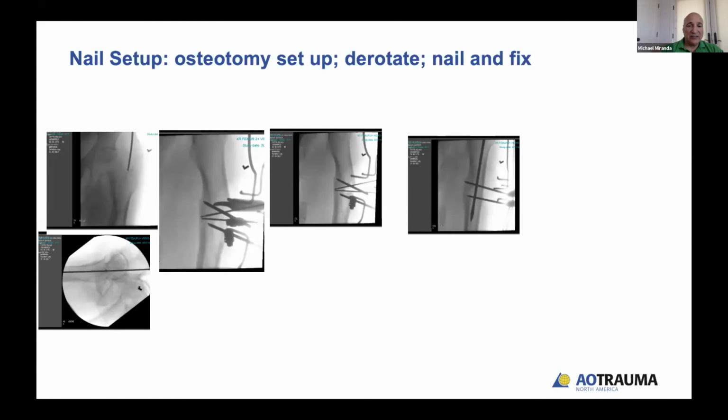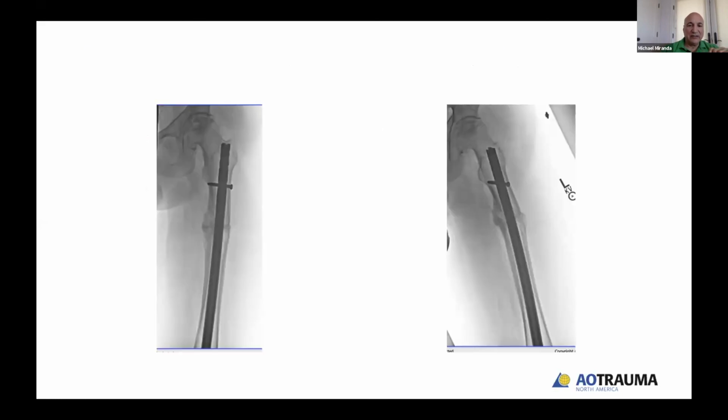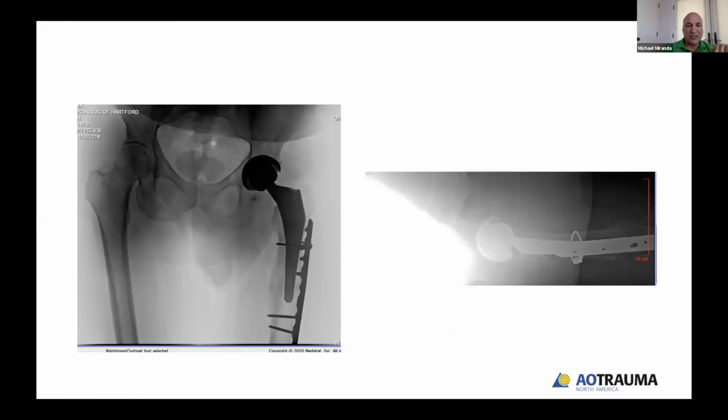In this case, derotate internal rotation. So there's a 10 degree difference between the proximal segment and distal segment pins, and then derotate, set up my nail, and finish. And then he goes on to get his arthroplasty by my partner.